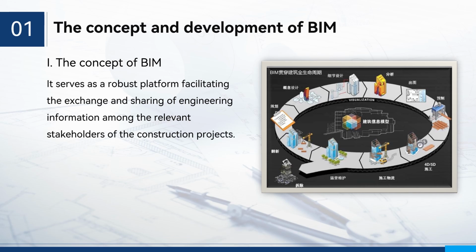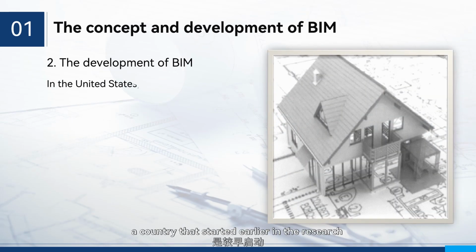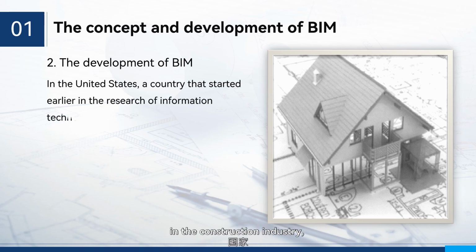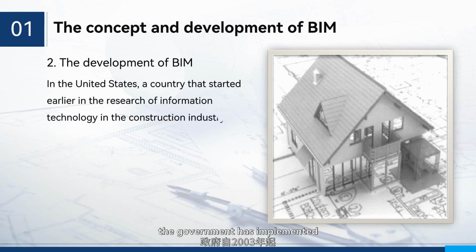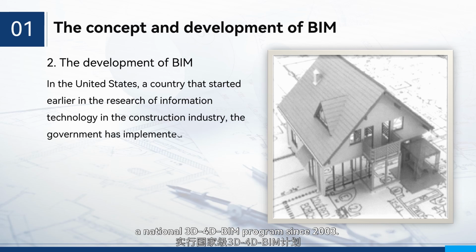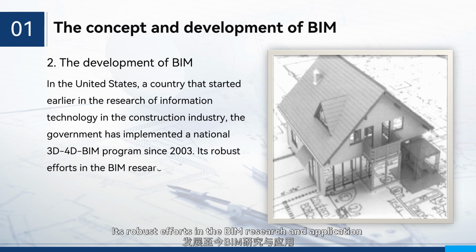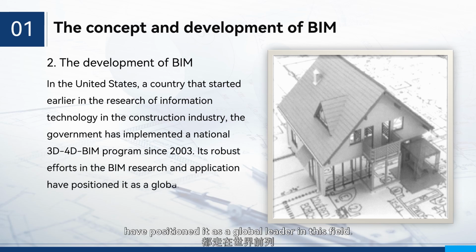construction projects. In the United States, a country that started earlier in the research of information technology in the construction industry, the government has implemented a national 3D, 4D BIM program since 2003. Its robust efforts in the BIM research and application have positioned it as a global leader in this field.